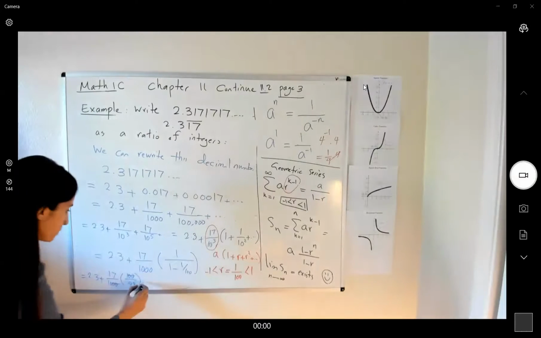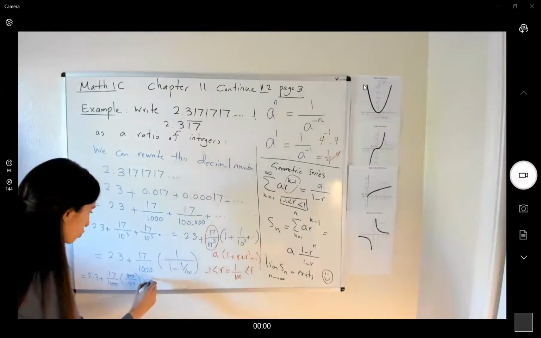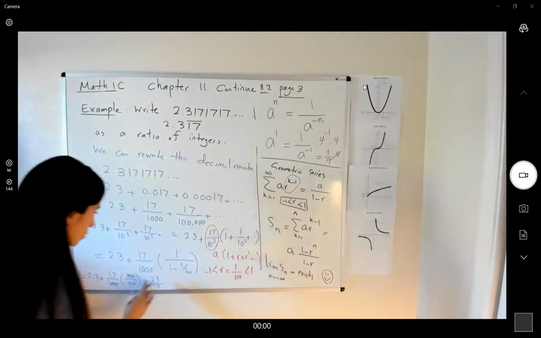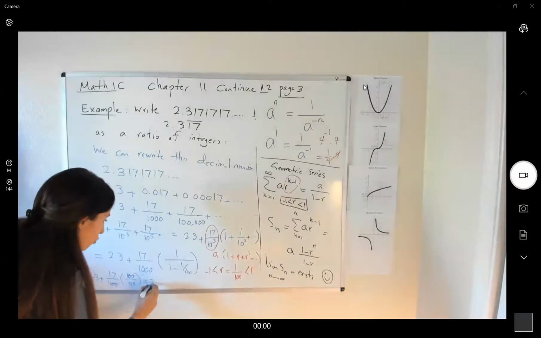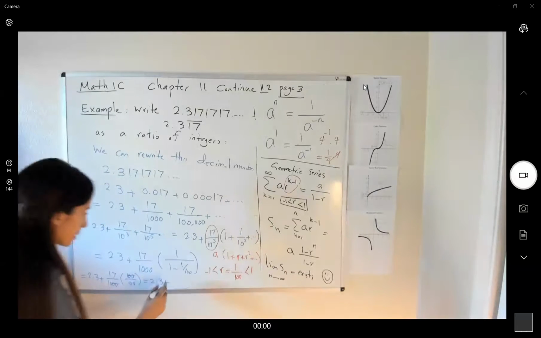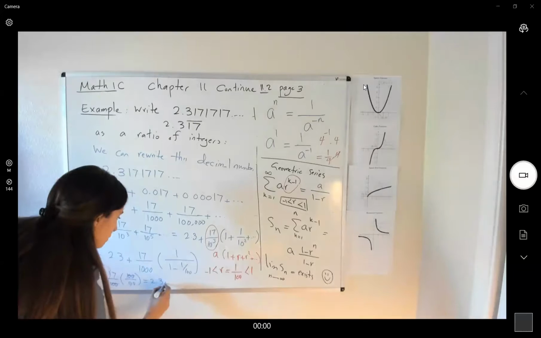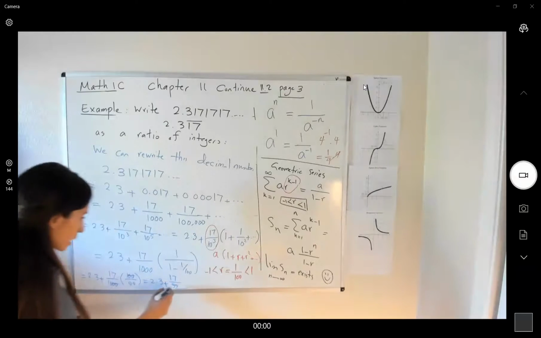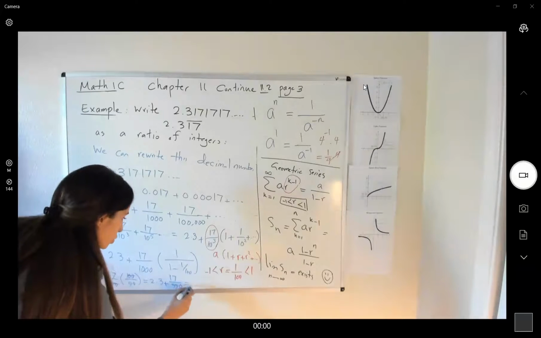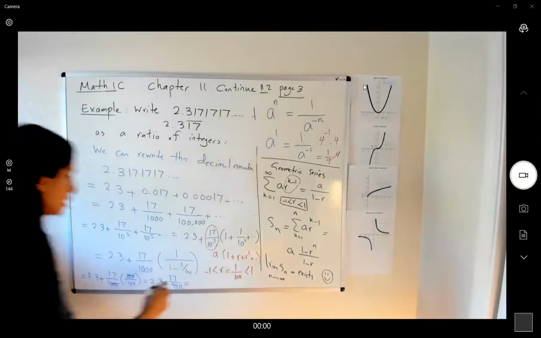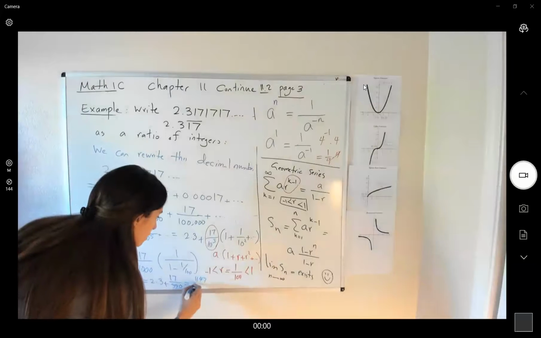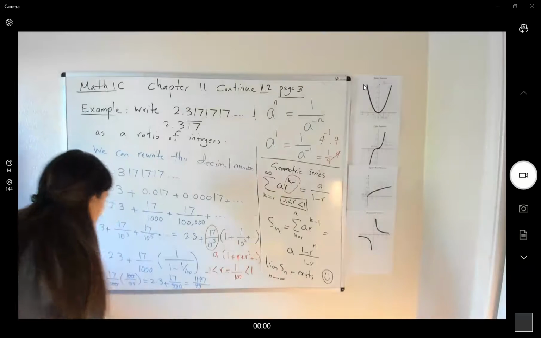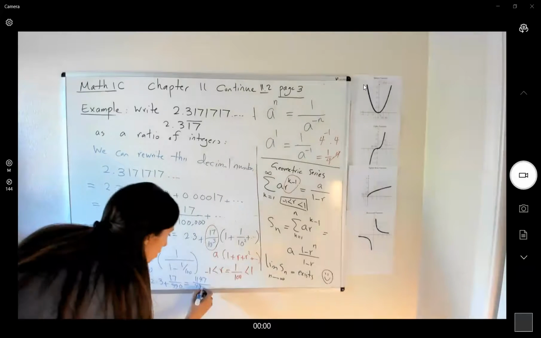Let us write it in decimal form, 2.3 plus 17 over 99, which is equal to the sum 1147 divided by 495.